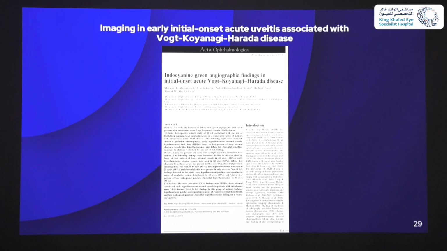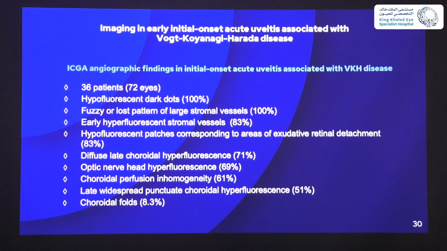The next imaging modality that will help us also to confirm the diagnosis of acute VKH is indocyanine green angiography. In a study that we published some years ago, we looked at indocyanine green angiographic features in patients. We had perhaps the largest number of patients ever studied with ICG to report the ICG findings. We had 36 patients, 72 eyes at that time.